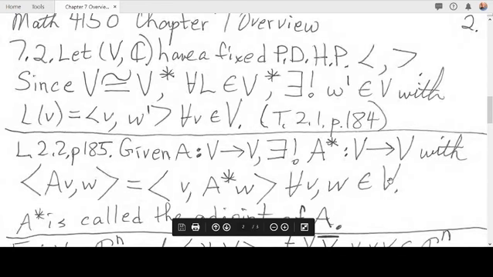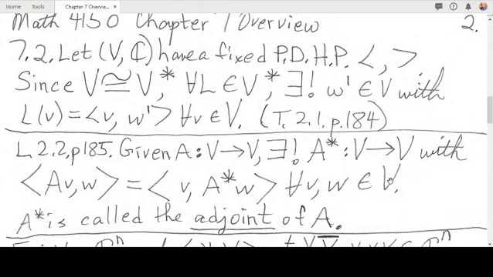Next, in Chapter 7, Section 2, we talk about Hermitian operators, but we first start out with a vector space V over the scalar field of complex numbers with a fixed positive definite Hermitian product. Now, back on exam 3, you proved that the vector space V is isomorphic to V star, which is the dual space.